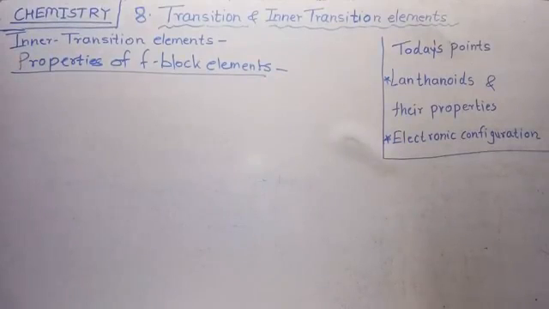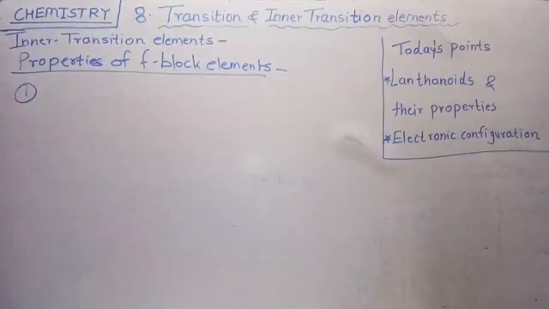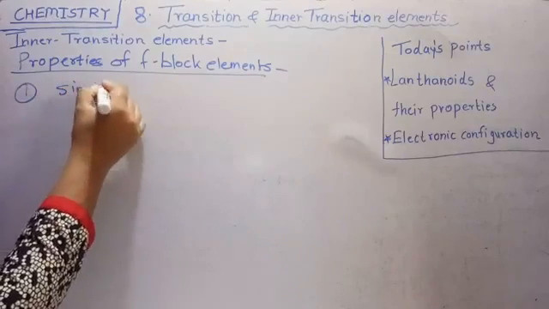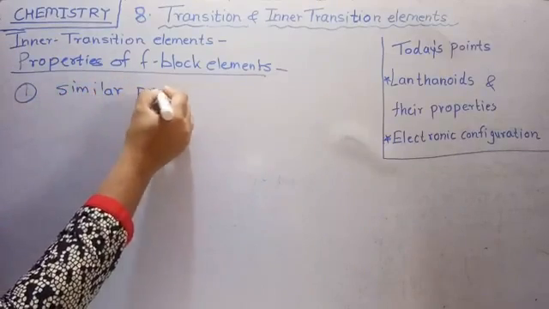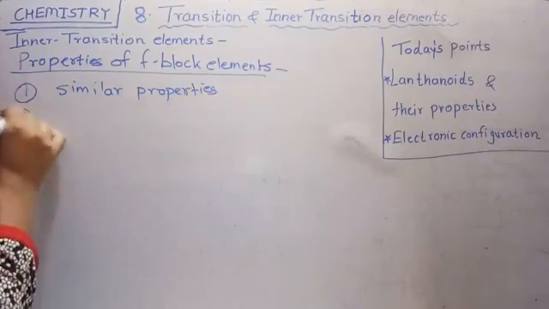These f block elements are called the inner transition elements. They are placed inside the d block elements, in group number 3. So they show properties similar to d block elements.